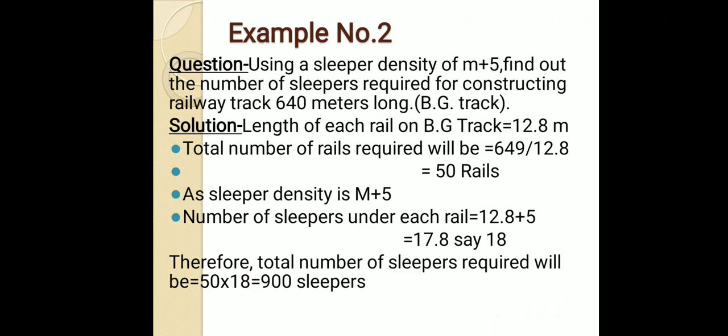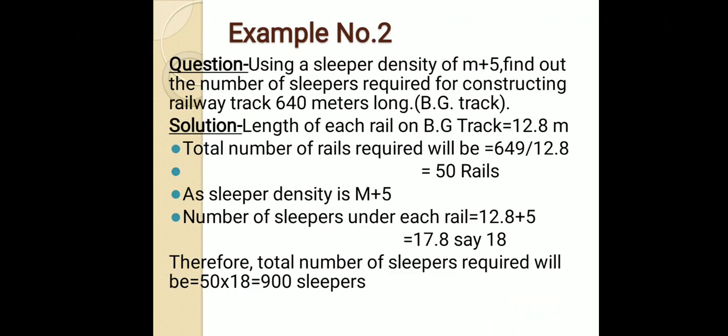Here again a BG track is given, so the length of each rail is 12.8 meters, or 13 meters. The total number of rails required will be 640 meters divided by 12.8, so it becomes 50 rails, and the sleeper density is given as M plus 5.